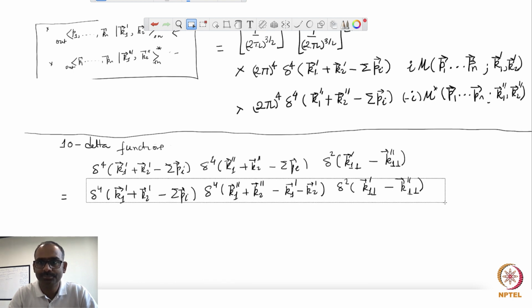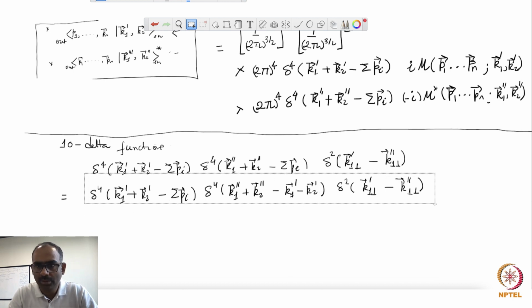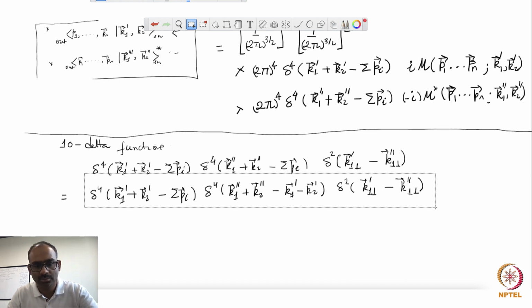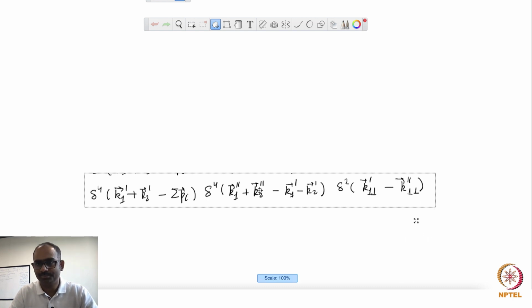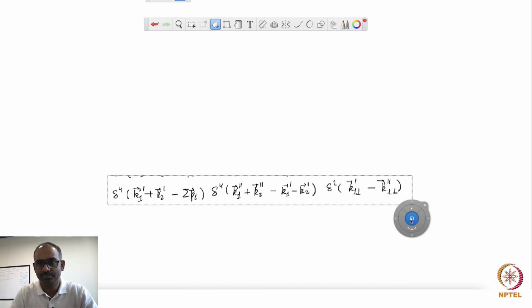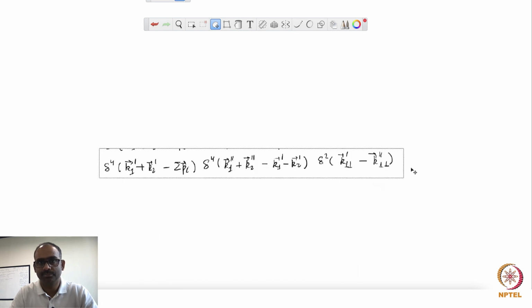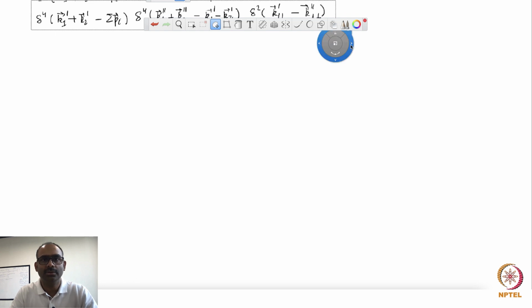Command C and command V. Okay, it worked. So this is what we are looking at.